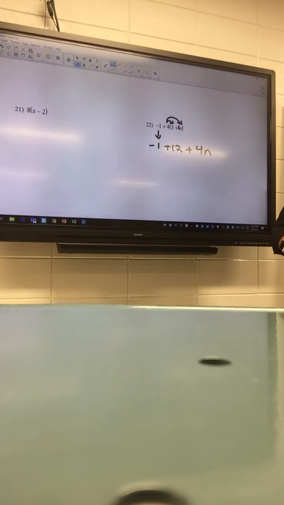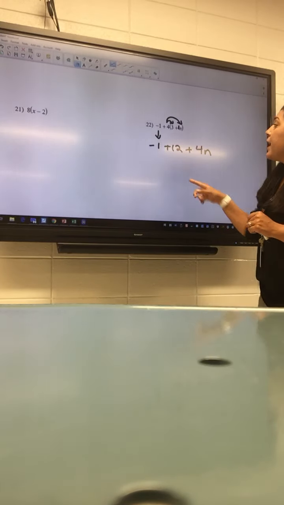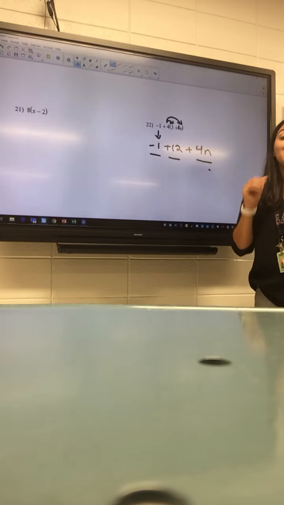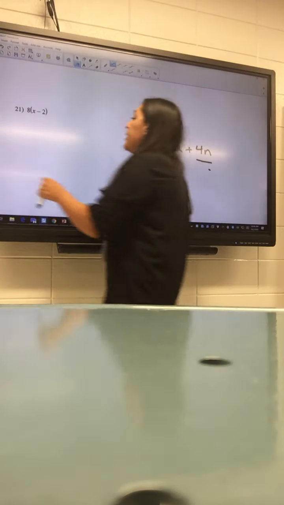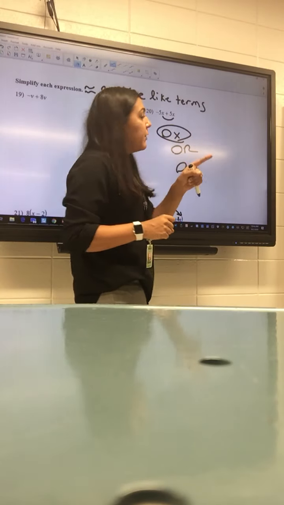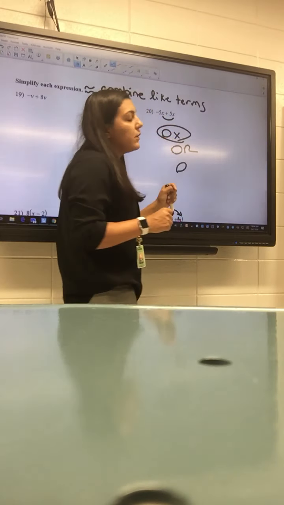When you combine like terms, there's a rule. You can have one term or two terms, but no more than that. If you have three terms, that means something can be combined and we are not finished. So up here, we started out with two terms and combined them to one term.